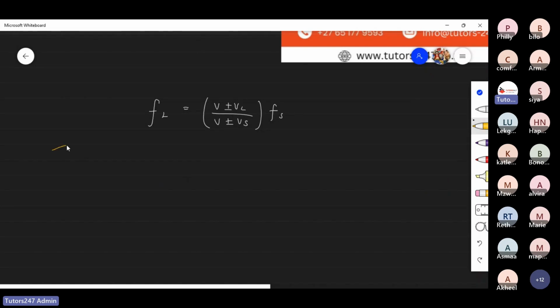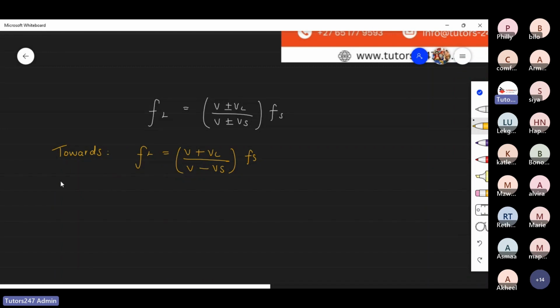If it is towards, our formula is now going to be FL equals V plus VL all over V minus Vs times Fs. Now, keep in mind, if it's moving towards, plus on top, minus at the bottom.